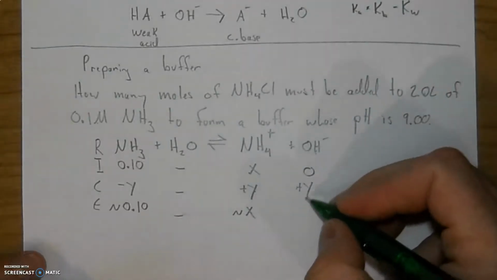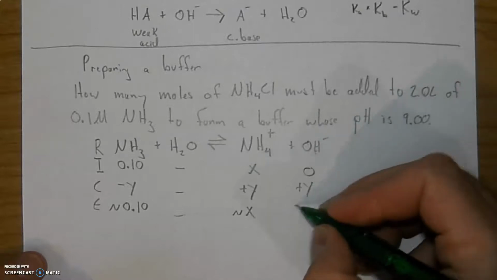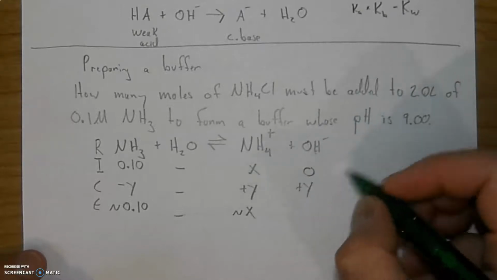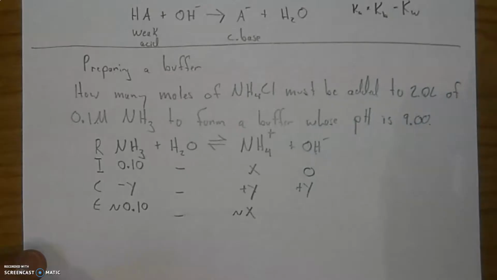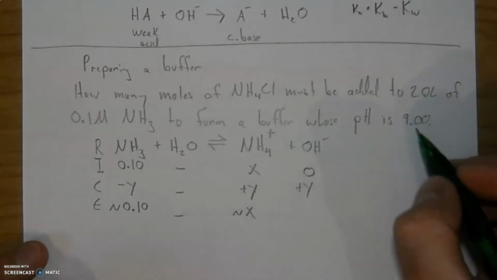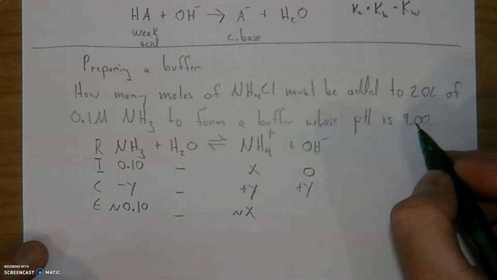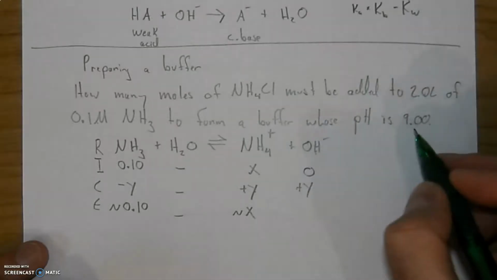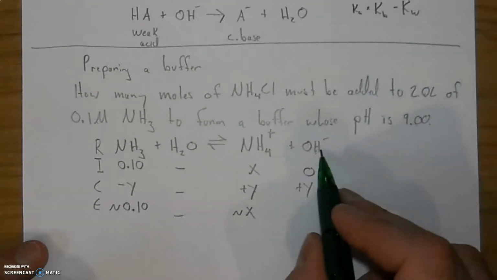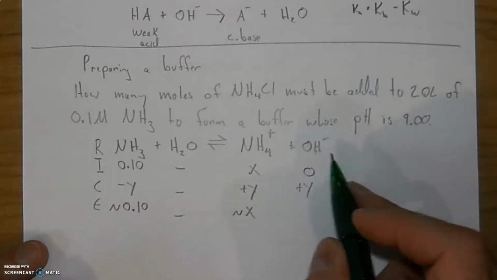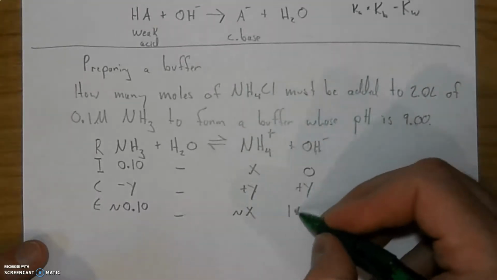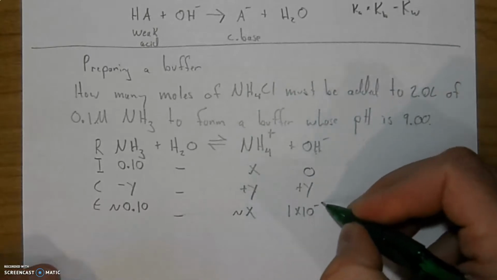And then over here, oh boy, what's this number? We have the pH. If the pH is 9, that means 1 times 10 to the negative 9 is the hydrogen ion concentration. Therefore, this value must be 1 times 10 to the negative 5.